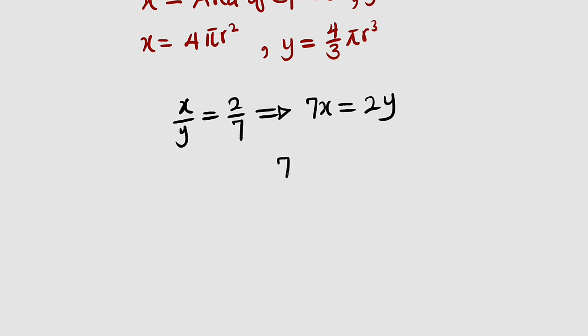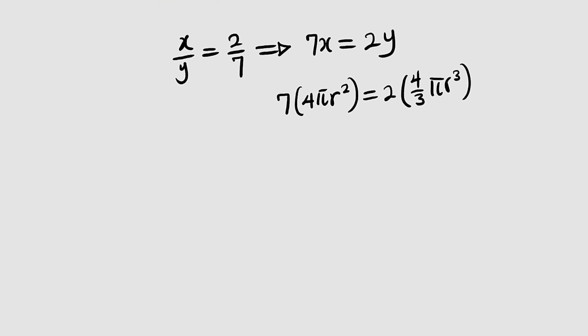So we have 7 multiplied by 4 pi r squared. This is equal to 2 multiplied by 4 divided by 3 pi r to the third power. Let's break it down. 7 times 4 is 28 pi r squared, and this is equal to 8 divided by 3 pi r to the third power.